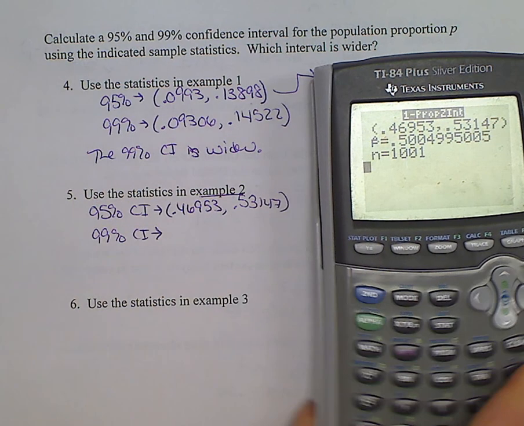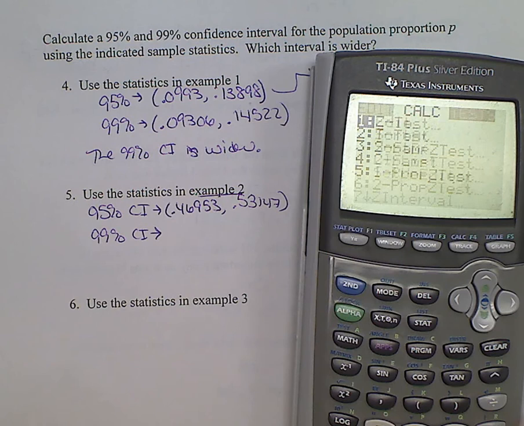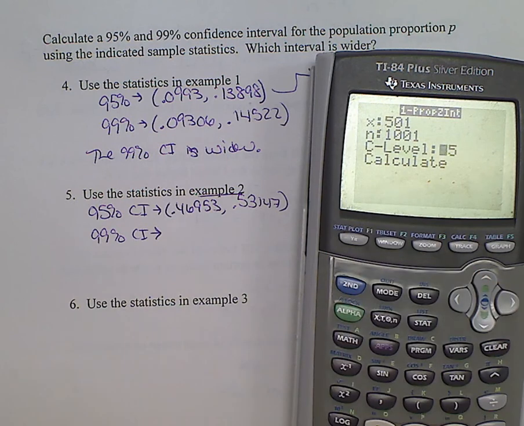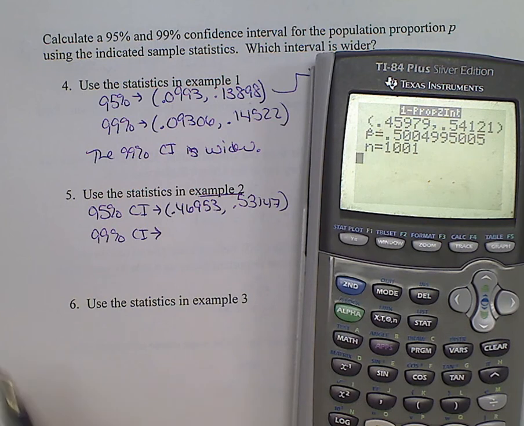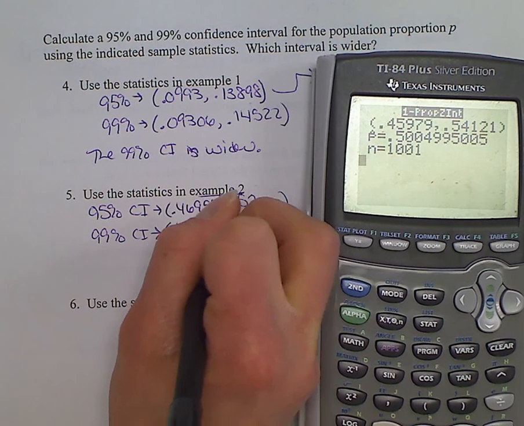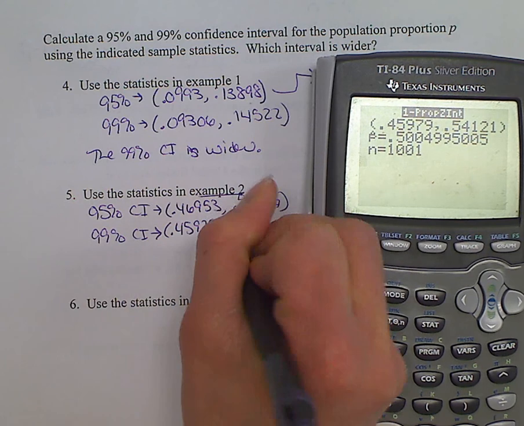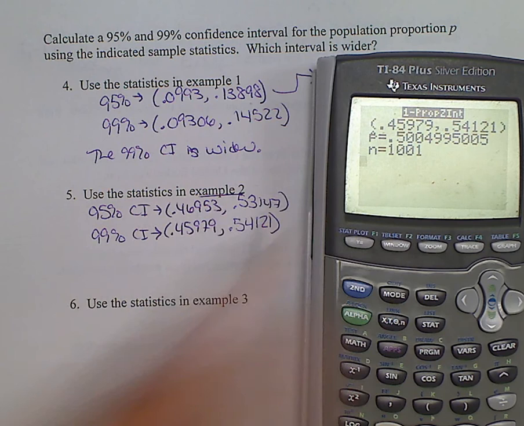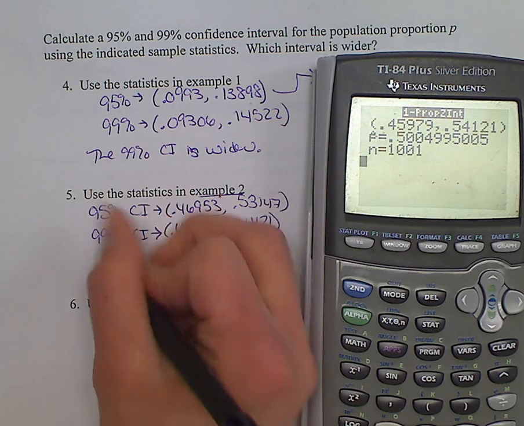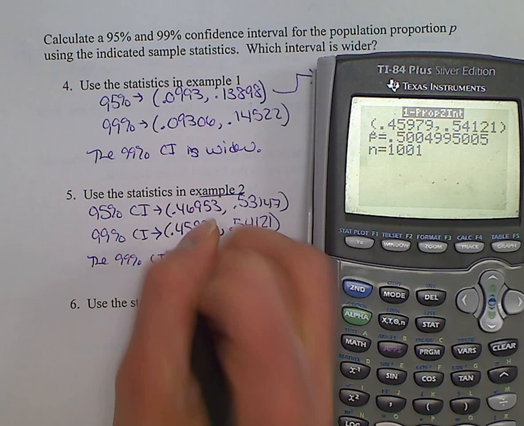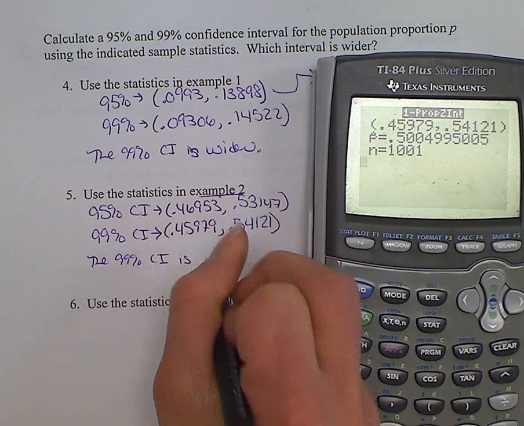Then I'm going to go to my stat and tests. My X and N are the same, but this time we want 99%. And there's our 99% confidence interval. And again, the 99% confidence interval has the wider range.